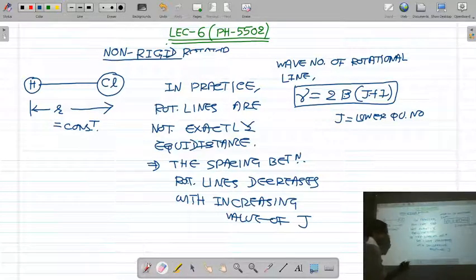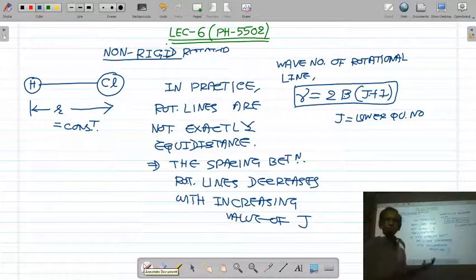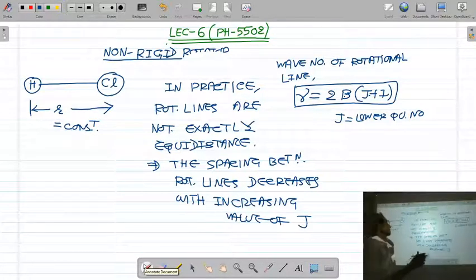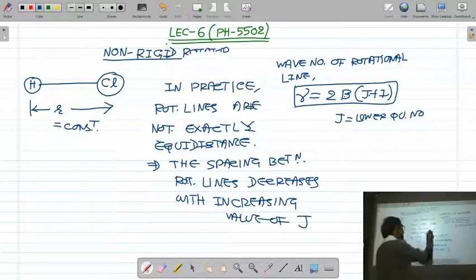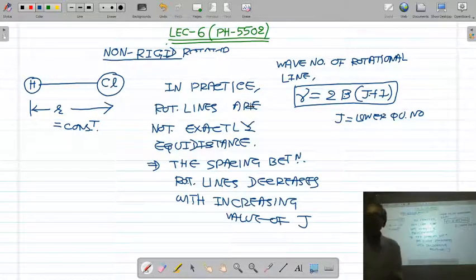Now let us see why the rotational lines are not exactly equidistant, and why the spacing between rotational lines decreases with increasing value of J. It means that the molecule will not behave as a perfectly rigid rotator. So the molecule will behave as a non-rigid rotator.